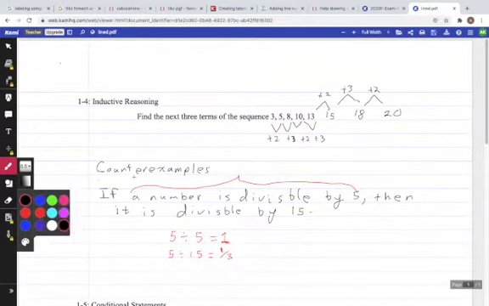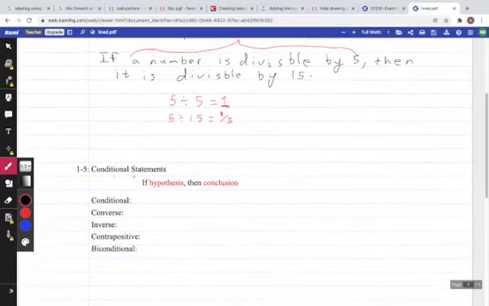Section 1.5 talked about conditional statements. And conditional statements are always if the hypothesis, then the conclusion.